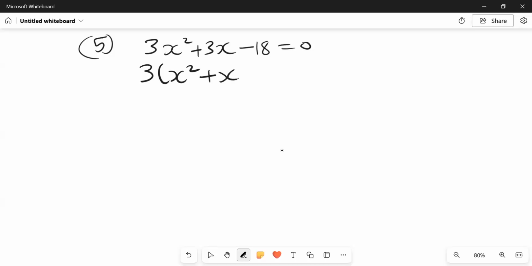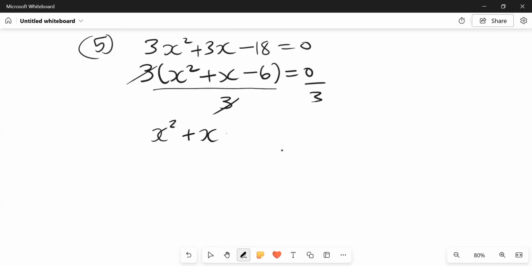So when you divide both sides by 3, it will cancel, right? 3 and 3 will cancel. Now you'll have your x squared plus x minus 6 equals 0 over 3 is 0. And then from here, factorize.